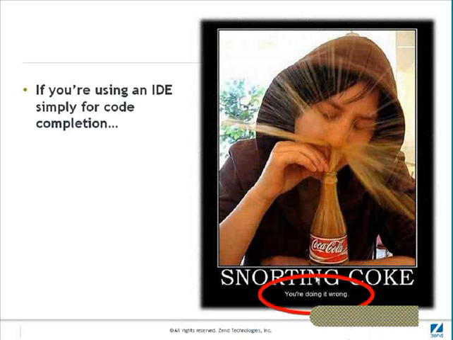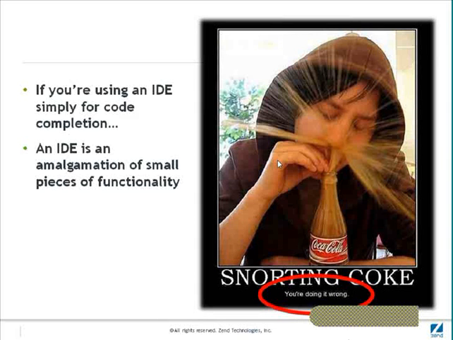You're not really utilizing the IDE. The IDE is intended to be an amalgamation of smaller pieces of functionality that contribute to the whole. Just because you have something that does code completion or tells you where files are, that's not necessarily an IDE. There's a lot that an IDE is intended to do that is well beyond just code completion.